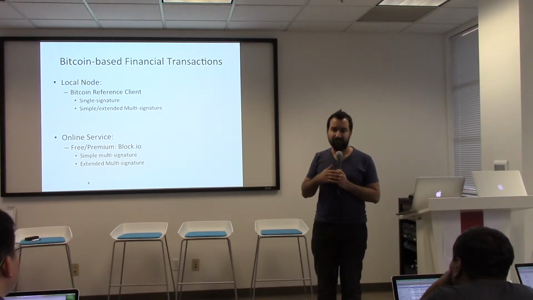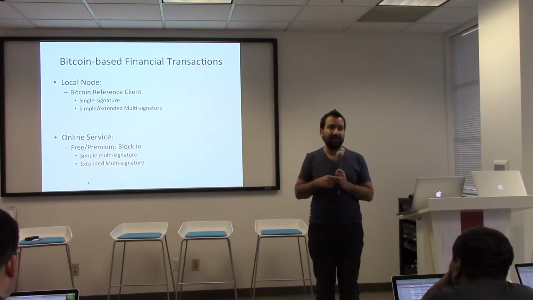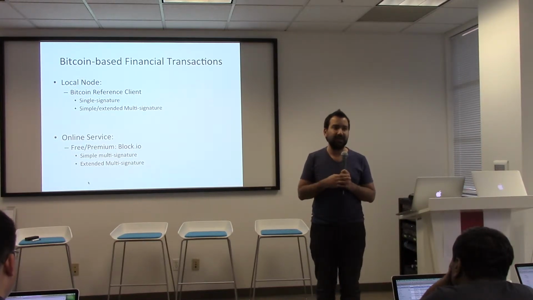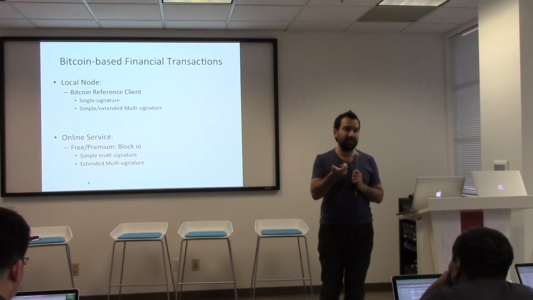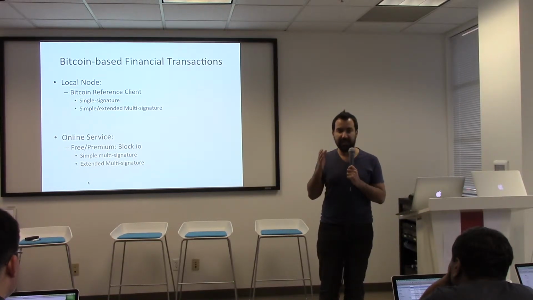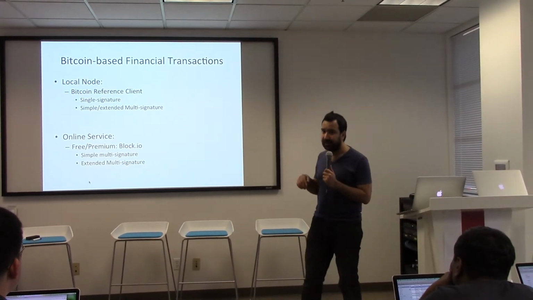What that does is there are multiple keys, and one or more of those keys needs to sign a transaction in order for that transaction to be considered valid by the blockchain. So you're mitigating your risk of getting hacked through multisignature. The Bitcoin reference client can handle it.